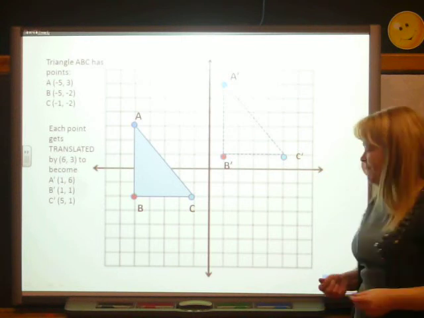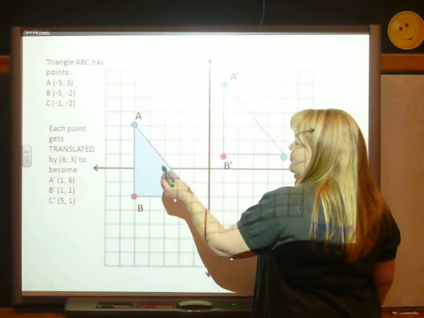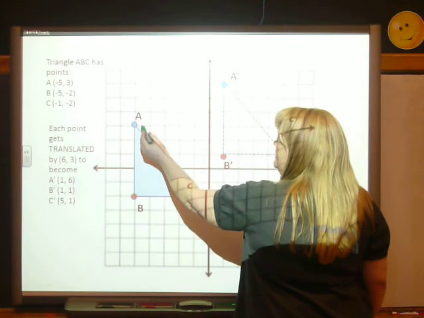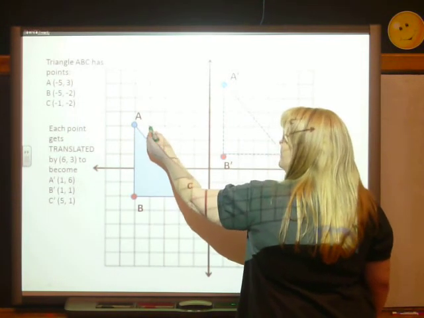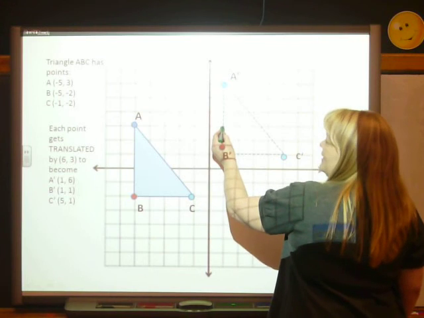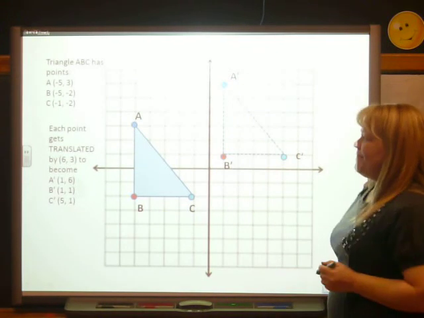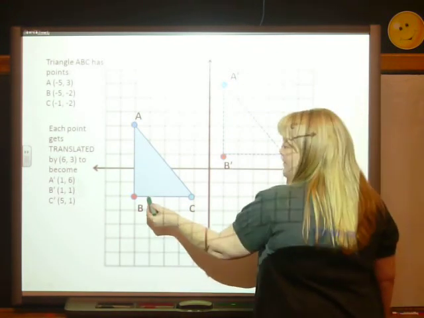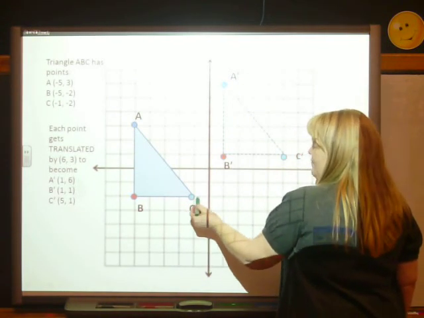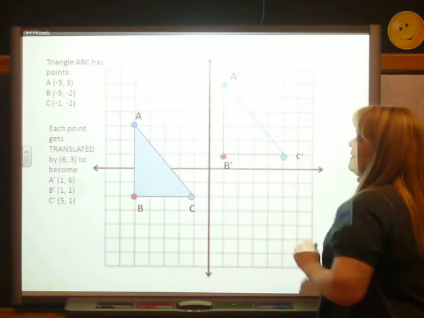If you're not so comfortable with your integers and you want to double check yourself, you can go, okay, I'm going to translate this 6 in the positive direction, 1, 2, 3, 4, 5, 6, and positive 3 in the y direction, 1, 2, 3. It checks out. And the same thing here: 1, 2, 3, 4, 5, 6, and up 3, it checks out.